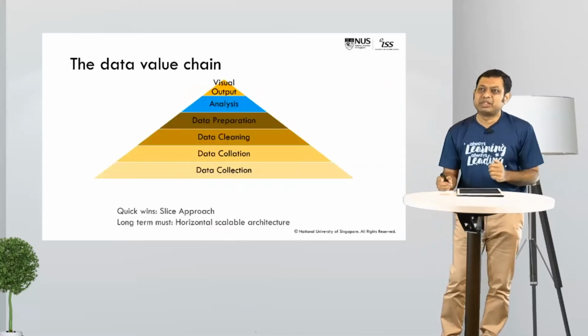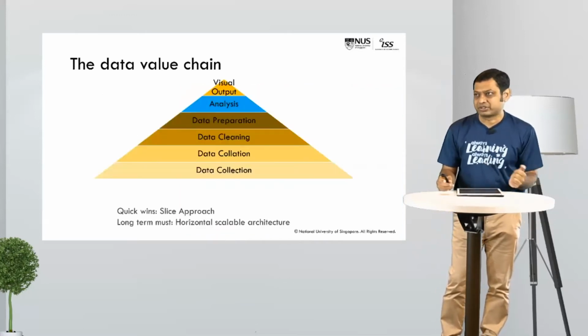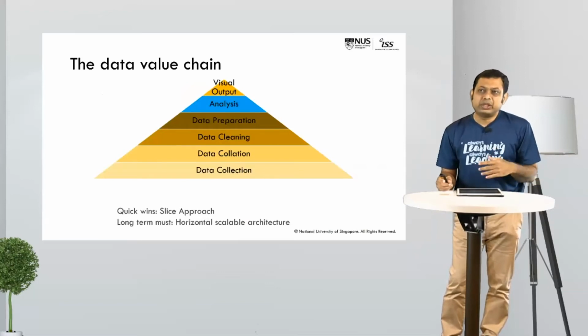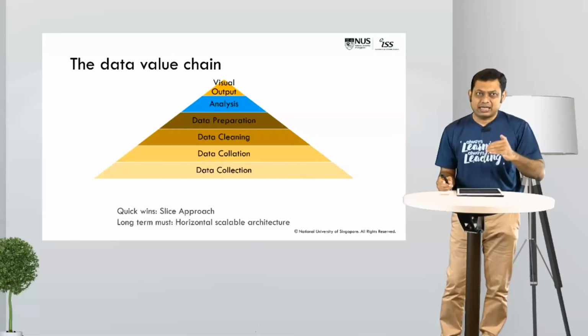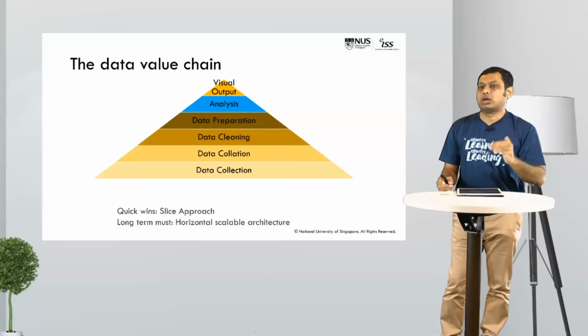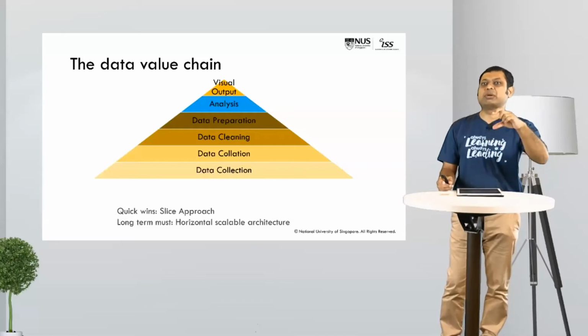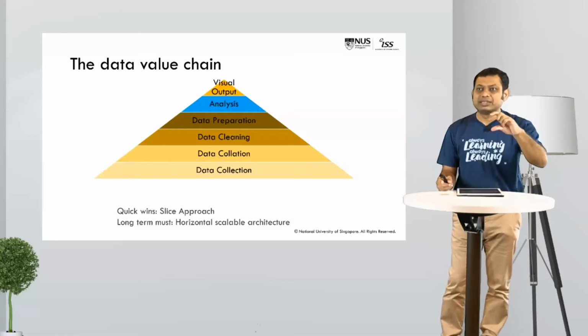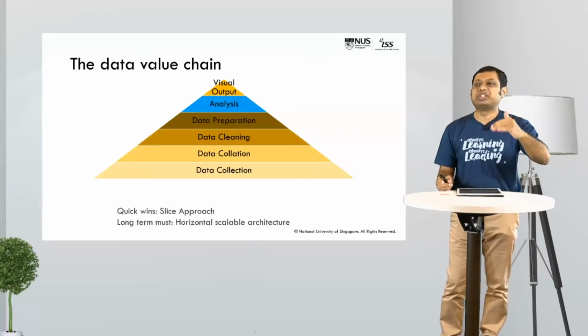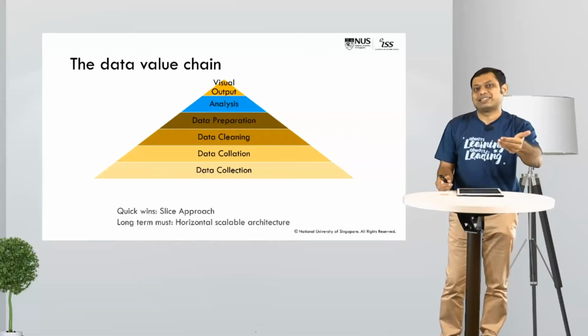So here's a data pyramid that we talk about in our courses. If you're looking at data and a value chain of data, the ultimate goal or the end objective is to come up with visual output, some kind of a chart, something that visually represents what the insights are.